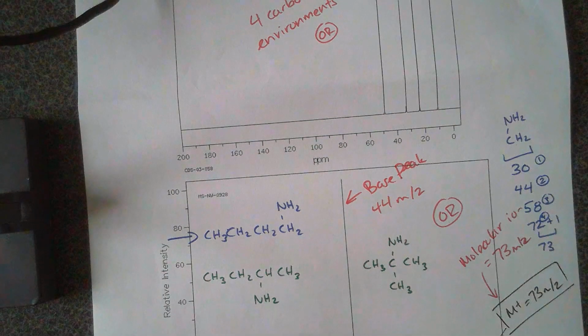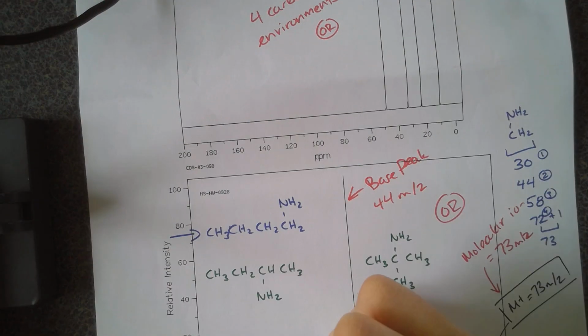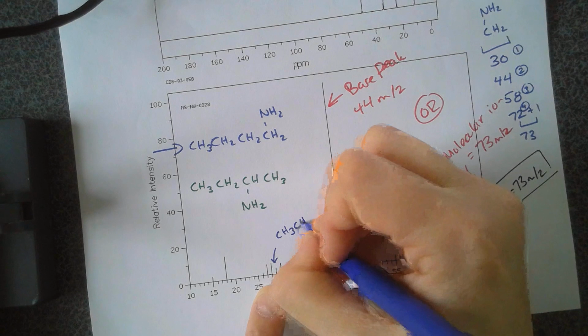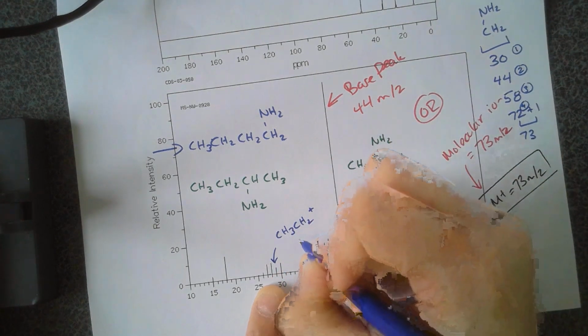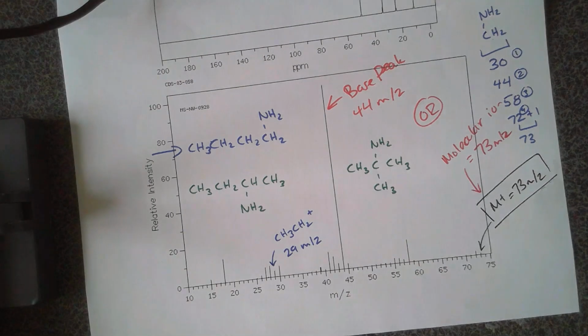Let's see, just trying to think which one would still work. Okay, so 15 plus 14, so I should have a peak at 29. If you're going for the merit, you'd say the 29 peak is CH3CH2 plus, and that's my 29 mass to charge. So a merit level student will tell me at least one fragment.